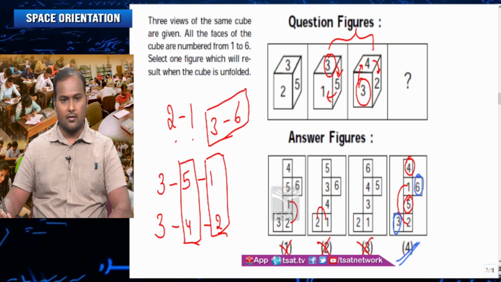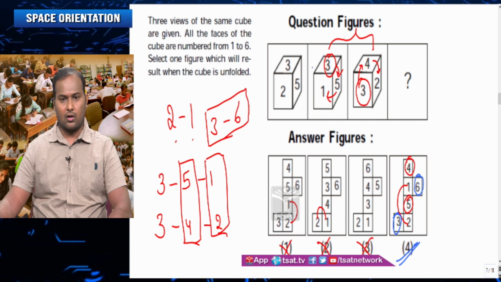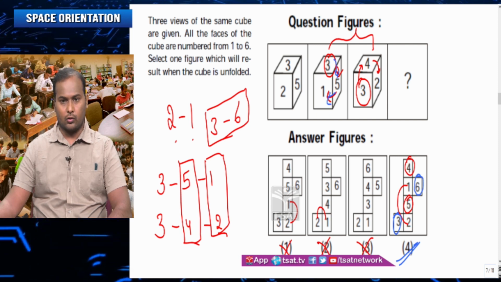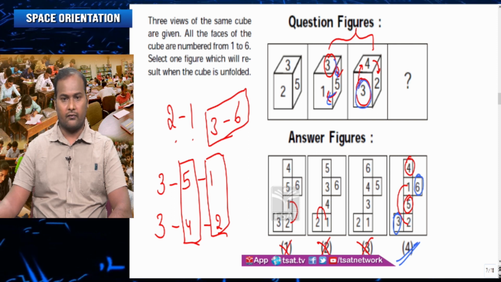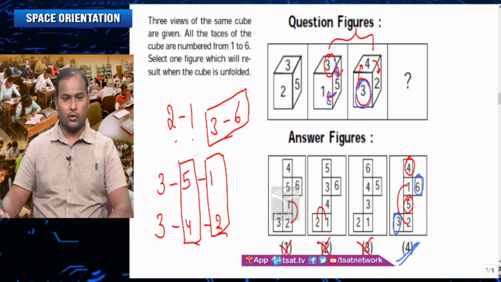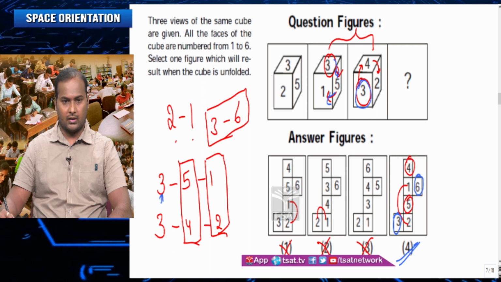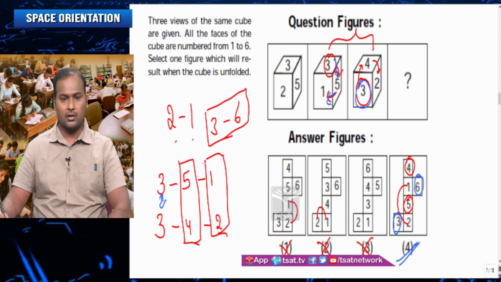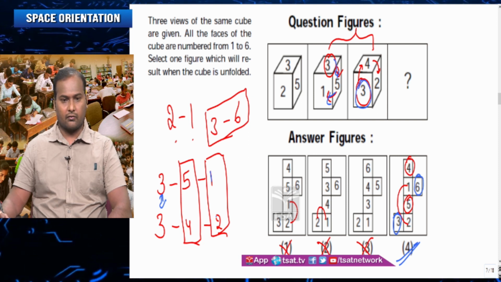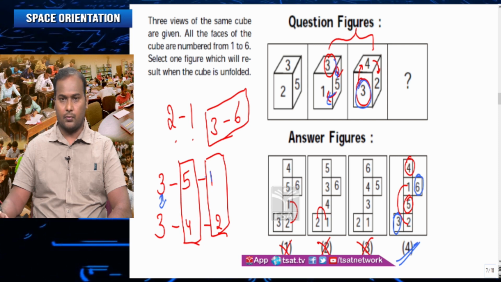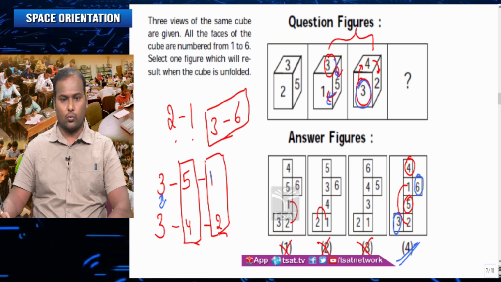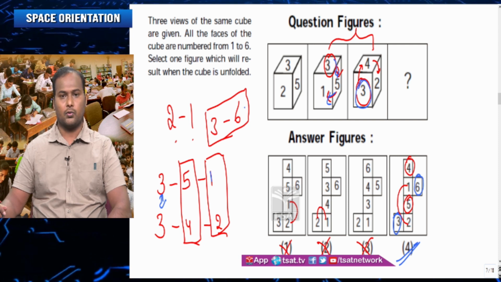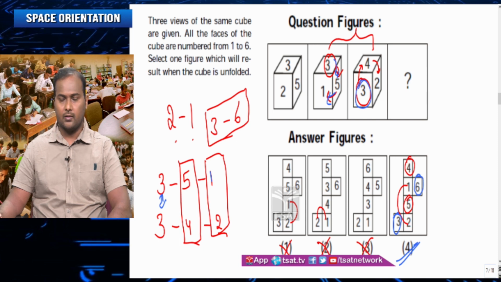Here, from the common 3, moving clockwise I got 5 and 1, and in the other cube, moving clockwise from 3, I got 4 and 2. So 5 and 4 become opposite, and 1 and 2 also become opposite. Once those are opposite, the remaining faces 3 and 6 become opposite. After finding the opposites, check with the options and you will get the answer.